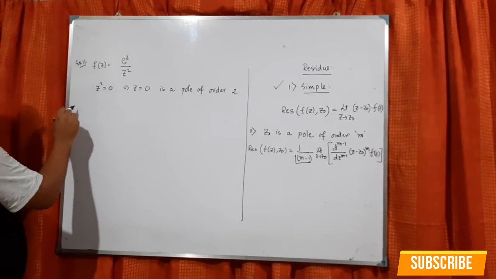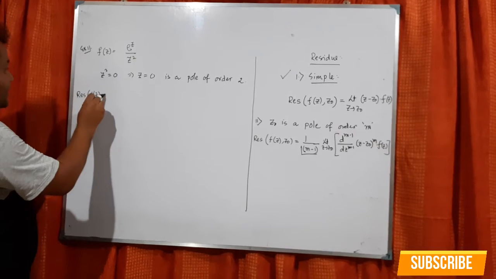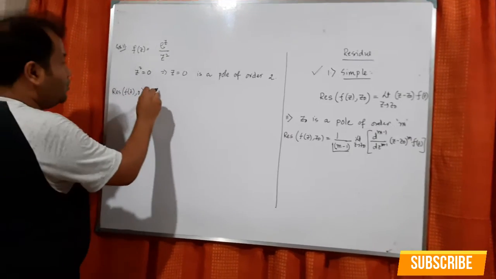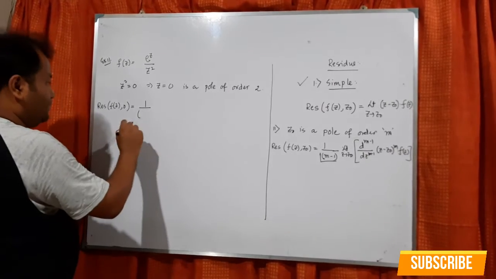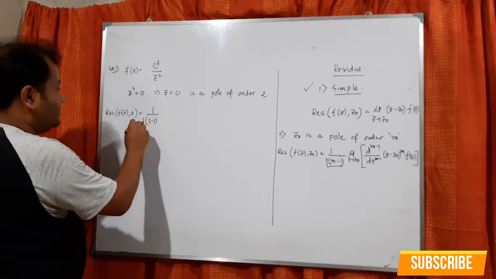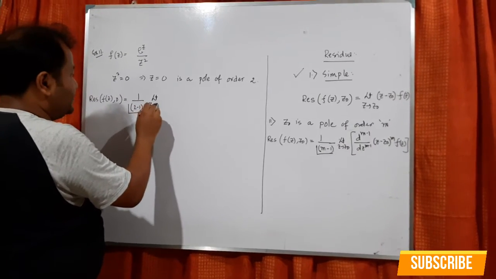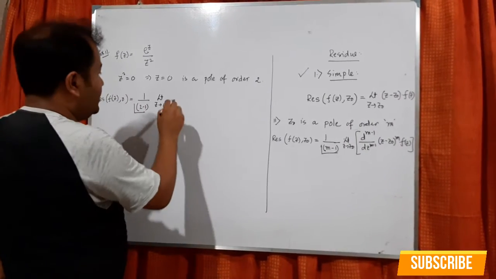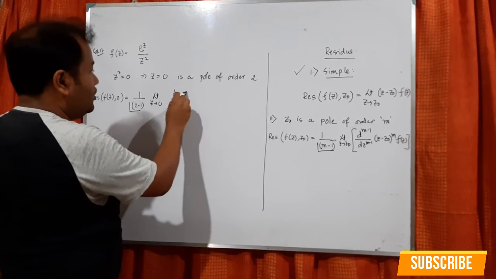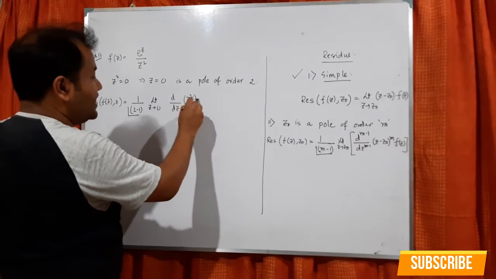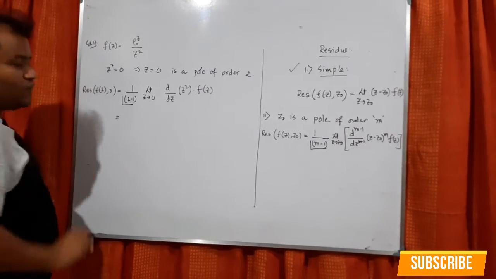So now what will be the residue? Residue of f of z at the point 0 will be 1 by (m minus 1) factorial, limit z tends to 0 of d^(m-1)/dz^(m-1) of z square into f of z. Here m is 2, so 2 minus 1 factorial, that is 1 factorial.